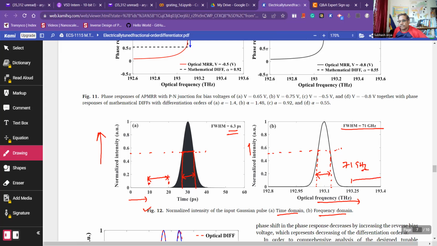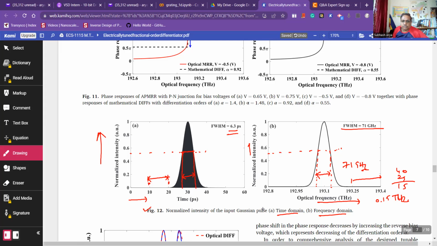Here to here you can see 193.25 to 193.4, so the difference will be about 0.15 terahertz. So that is the difference, and they are calculating it as 71 gigahertz.